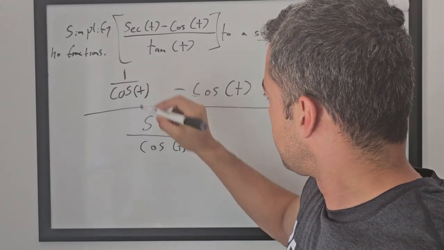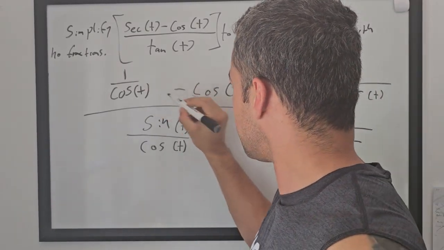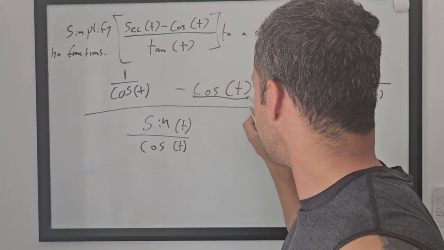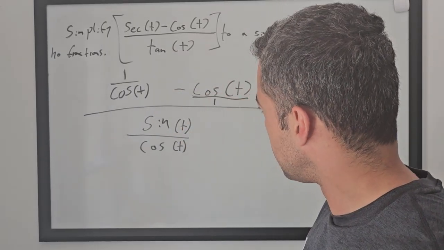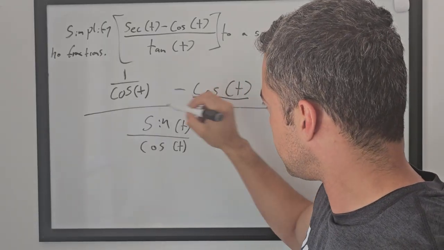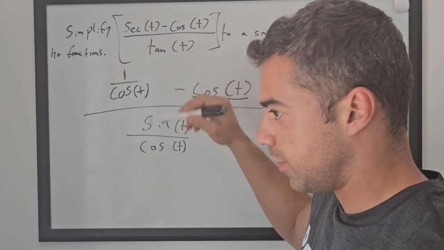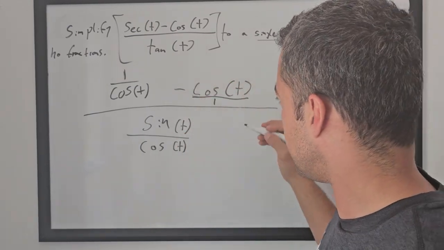So for this, we can clearly see that we have to find common denominators. So we're going to go ahead and make this a fraction, and then make this into something we can actually work with by finding and multiplying by the common denominator.